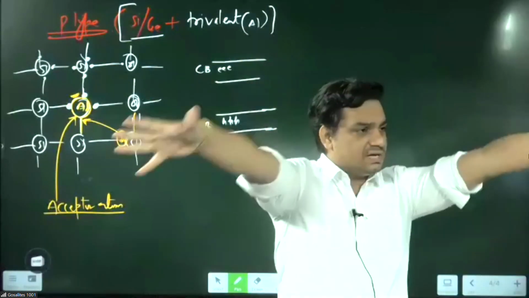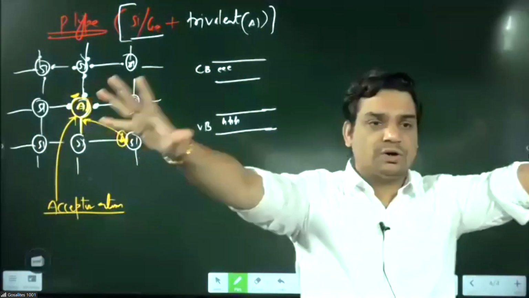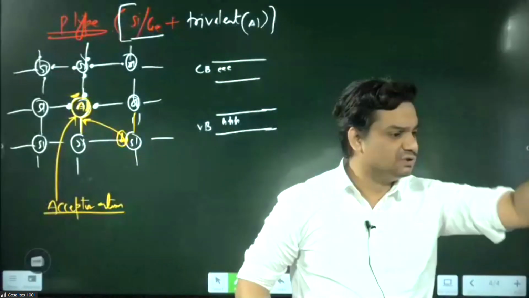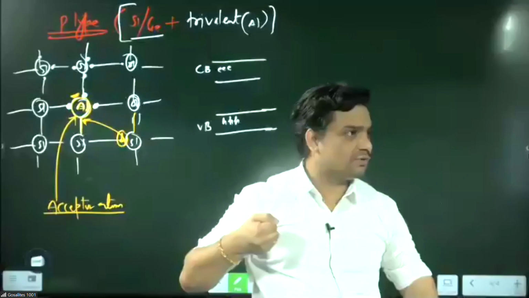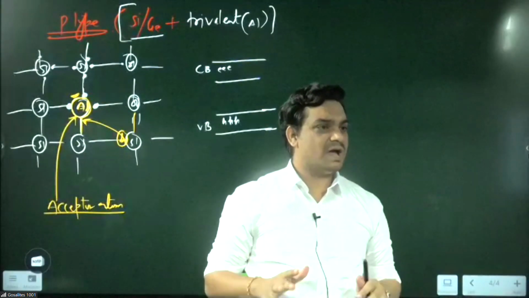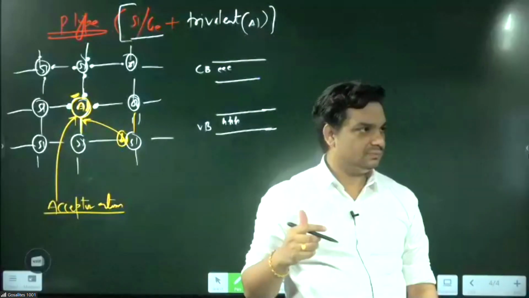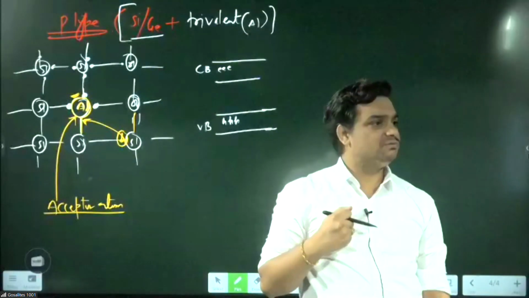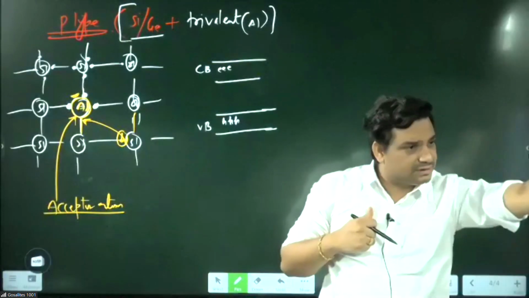It will search for whose bond is somewhat loose, and if your bond is somewhat loose, it will take an electron from you. So what happens? Its bond will be formed, and a hole will be created.